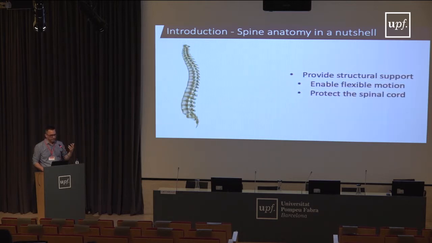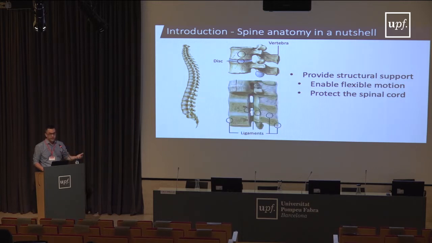And to do that, we have this column of the vertebrae and discs, and we have the motion segment, which is the composition of two vertebrae and joining tissues, joining organs like the disc, and also the ligaments are very important in the spinal anatomy, and the facet joint at the posterior part.